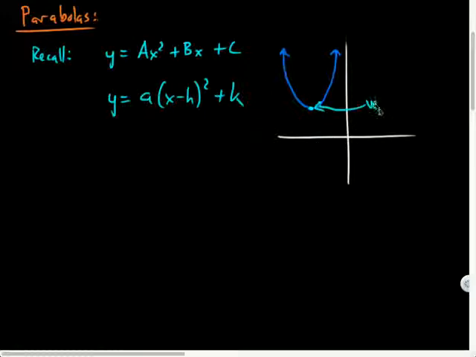We had a vertex, which was a turning point in the curve. It was either a minimum or a maximum. It also changed not only direction but slope. It also had an axis of symmetry.